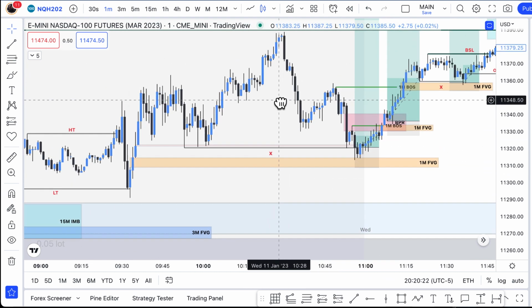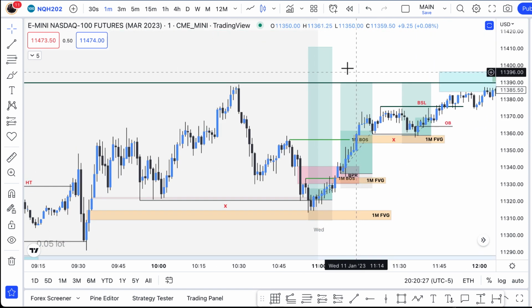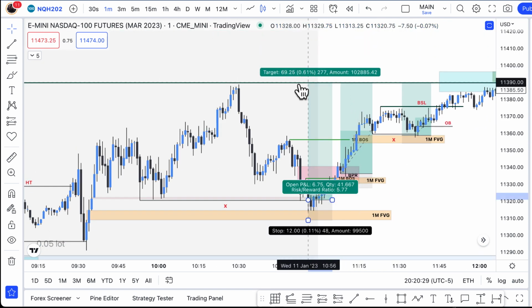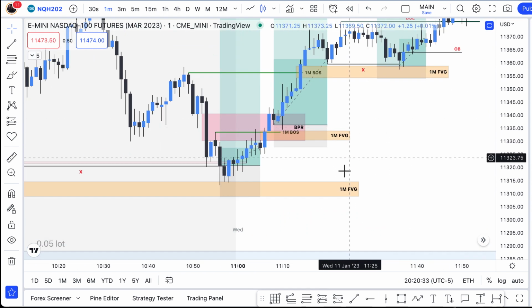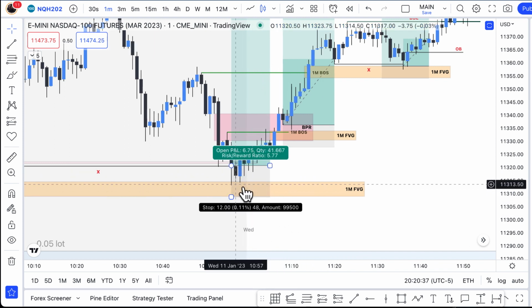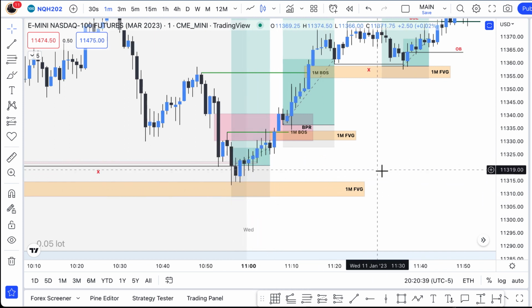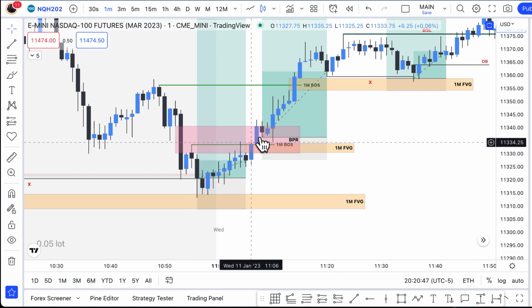Once the market came back down, you see how I took out sell side liquidity. My TP was actually these highs right here. All right, so follow price. Price is going to reveal a lot to you. All right, so once price touches that 1 minute fair value gap and it starts to break higher, right? This is an old fair value gap that it breaks through.